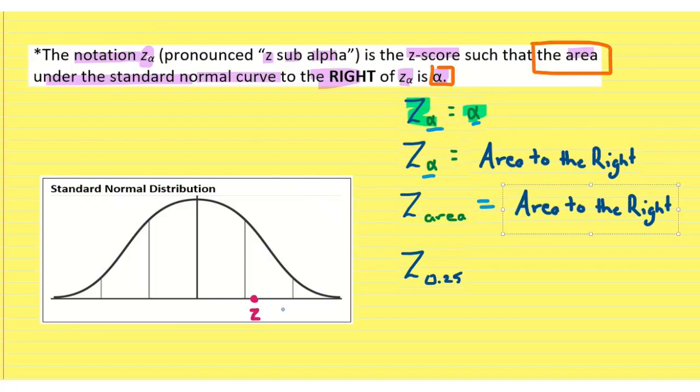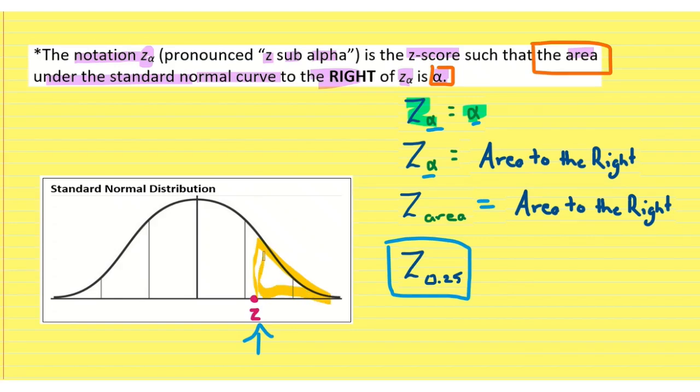So if we have the z-score right here, and let's say we have z sub 0.25, well, 0.25 represents the area to the right. So that means that the area to the right of this z-score would be all of this area, and it would be equal to 0.25.